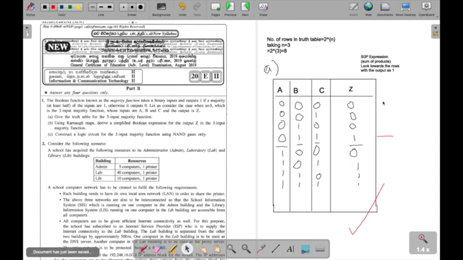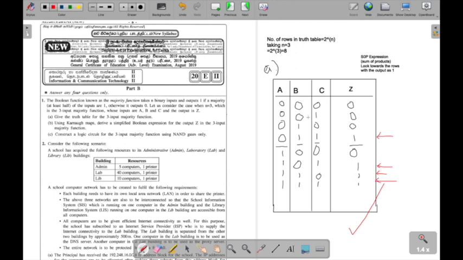So if we consider the SOP expression here, we will get an expression like this. We will have this, this, and this.